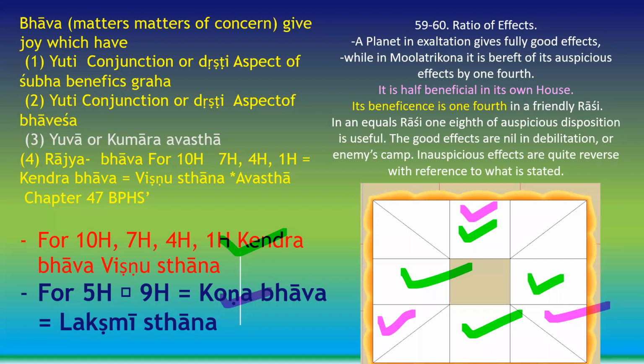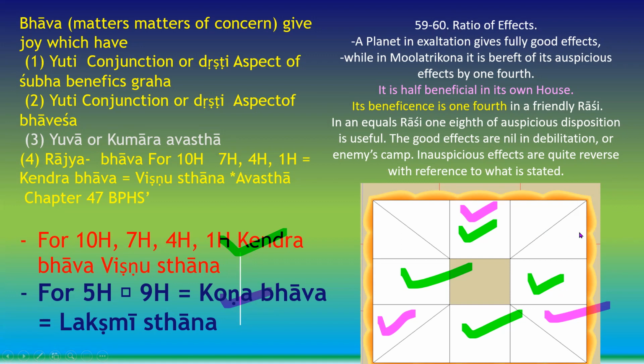This is a very, very important and fundamental rule, that you have a benefic aspect on a bhavesha, and this is applicable across the board. Any house you pick up, you want maybe a benefic aspecting it, or the lord of that house, the bhavesha, aspecting that house.